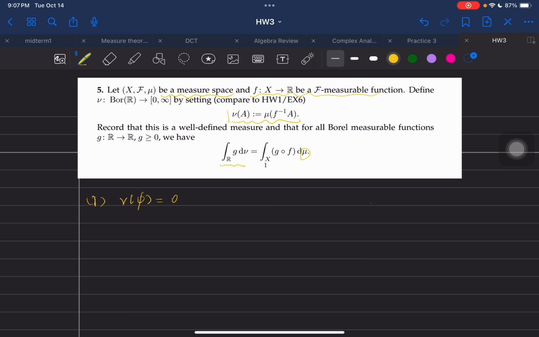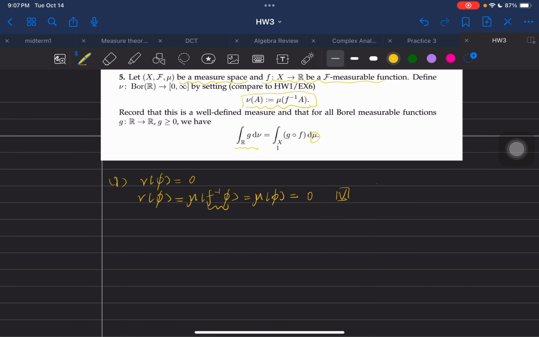So let's notice the definition of nu of A, which is just equal to mu of f inverse of the empty set. So this one would be empty again, so we'll have mu of empty. As mu is a measure, this one would be 0.